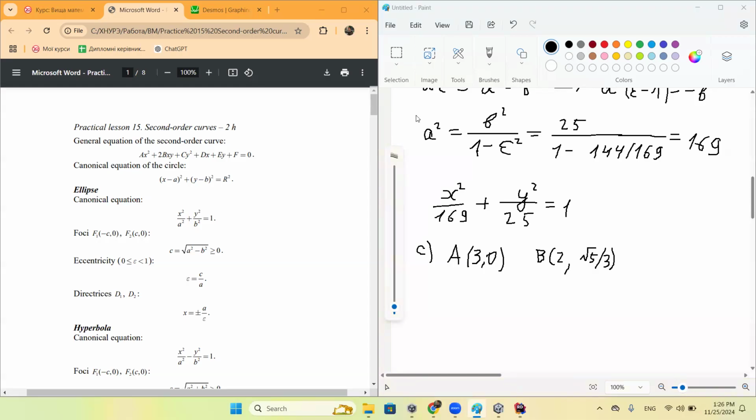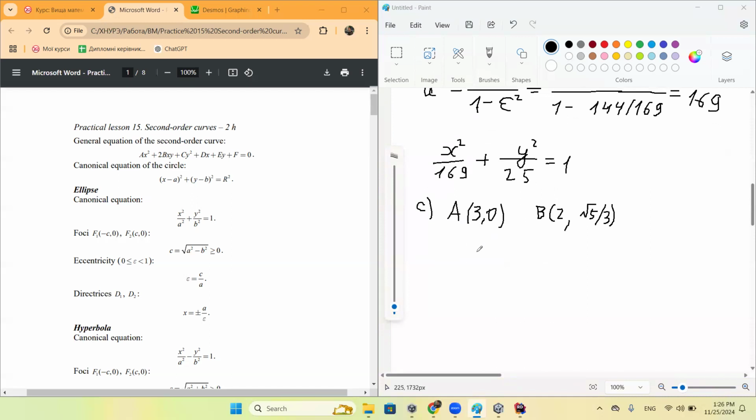From the vector magnitude. No, which vector magnitude? From the center to the points. So you mean a semi-axis, right? So A and B. Yes, correct. And how to find them?